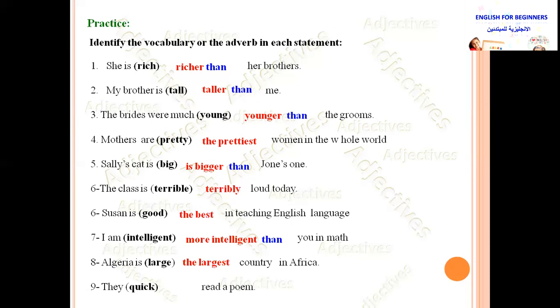Algeria is the largest country in Africa. They read the poem. So how did they read the poem? They read the poem quickly. It's an adverb. They quickly read a poem. That's all for this video.